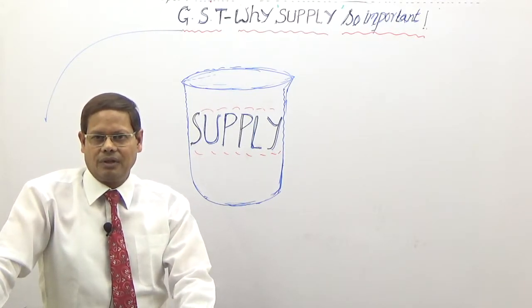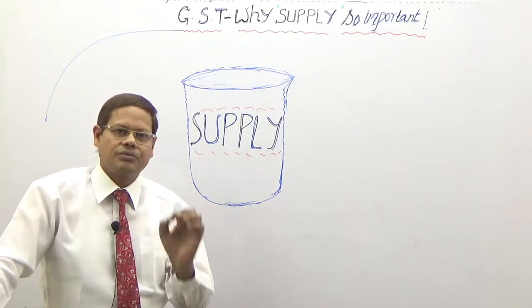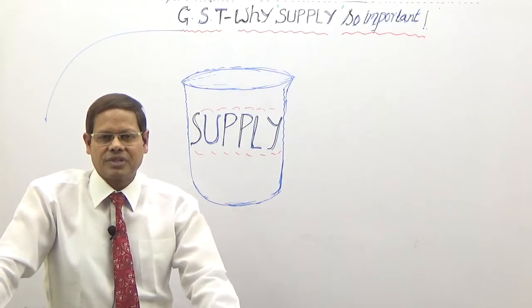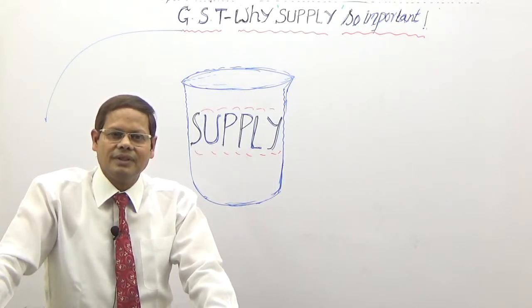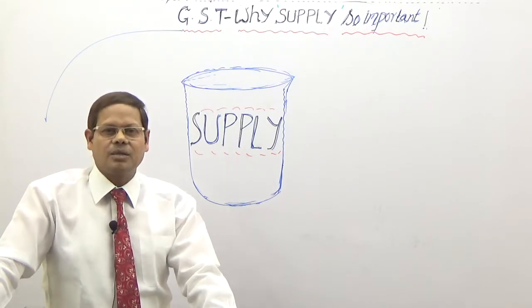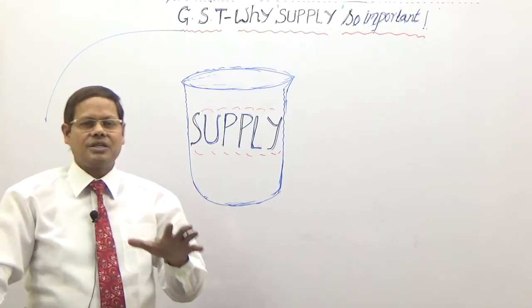So, the first and foremost thing that we have to understand is that there is a paradigm shift in taxability, because the taxable event under the GST regime is supply.